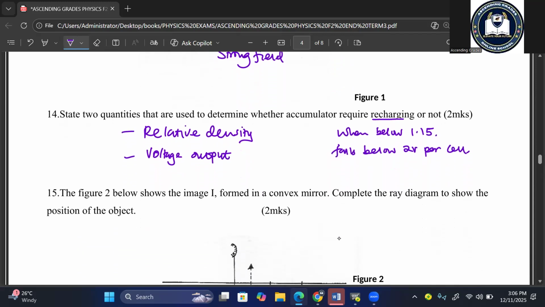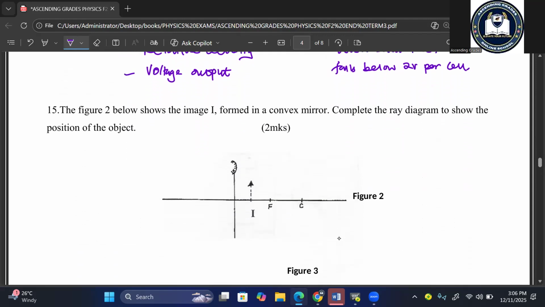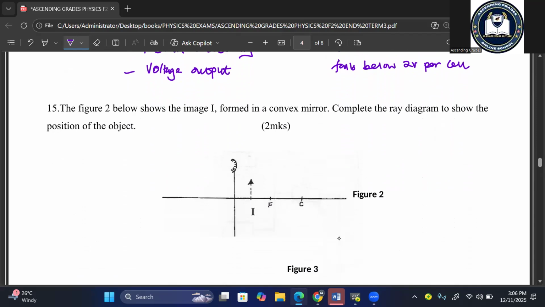Now we can move to question 15. You are given a figure there. It shows image I. It is from a convex mirror. Then you are told complete the diagram to show the position of the object.